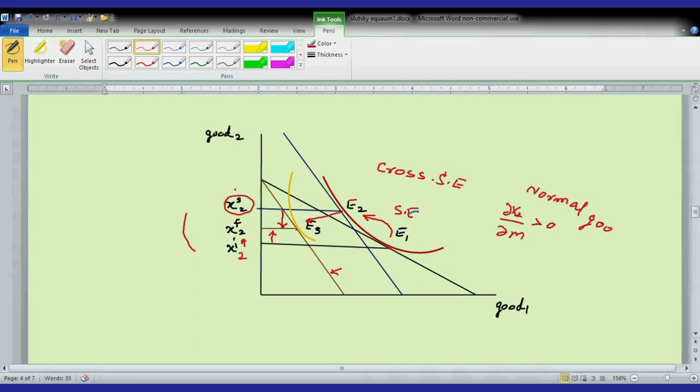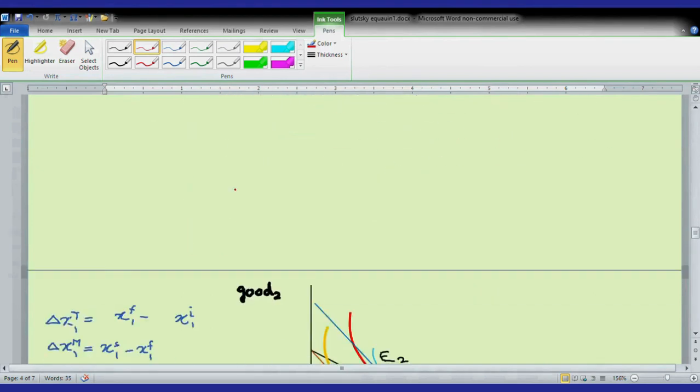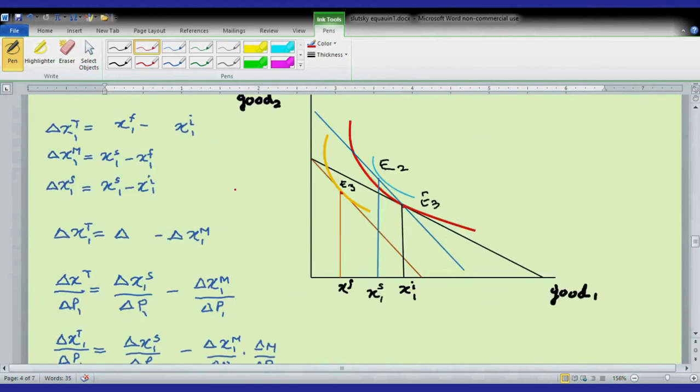Now, after having this understanding of the decomposition of the price effect into income and substitution effects, we are in a position to discuss one of the important results in the context of consumer theory, and that is the Slutsky equation.